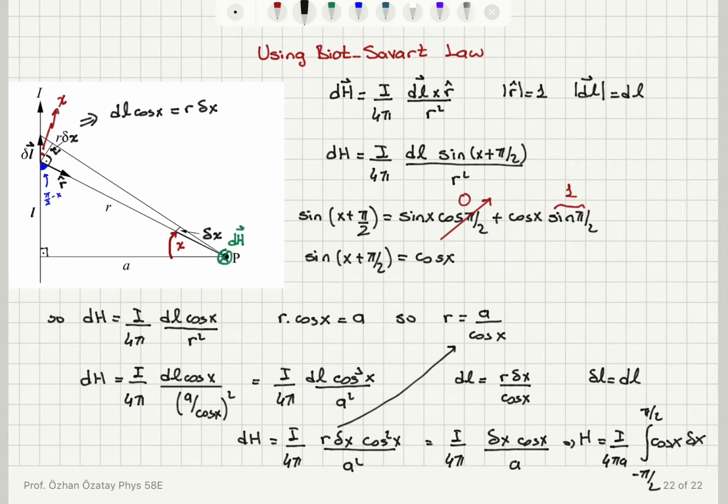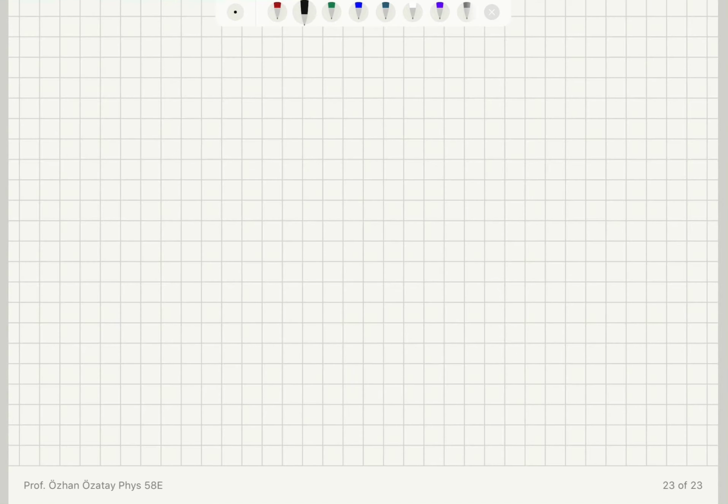So if I perform this integral, I will find that H is equal to I over 4 pi a integral from minus pi over 2 to plus pi over 2 of cosine x delta x, that is I over 4 pi a.